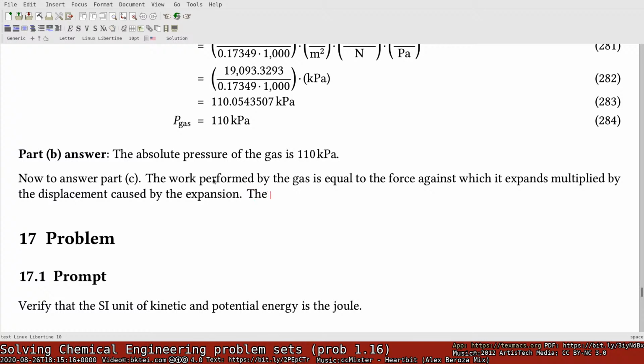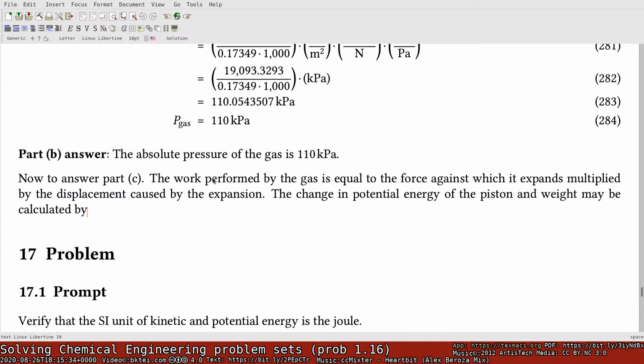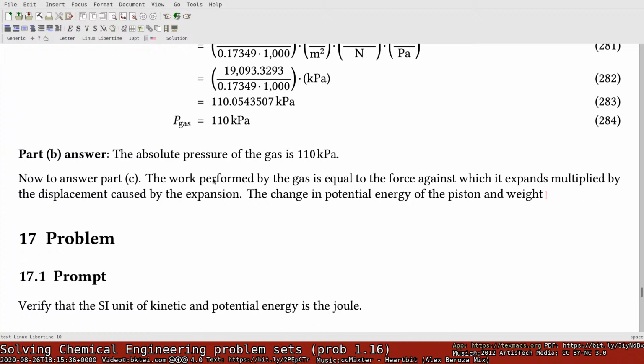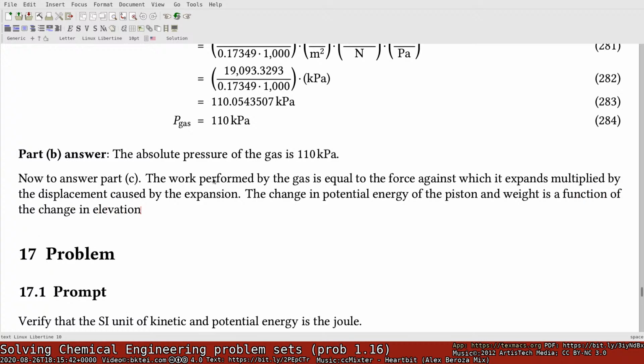Also, the change in potential energy of the piston and weight may be calculated by, well, let's see, change in potential energy is a function of the change in elevation, the gravitational field strength, and the mass of the piston and weight.